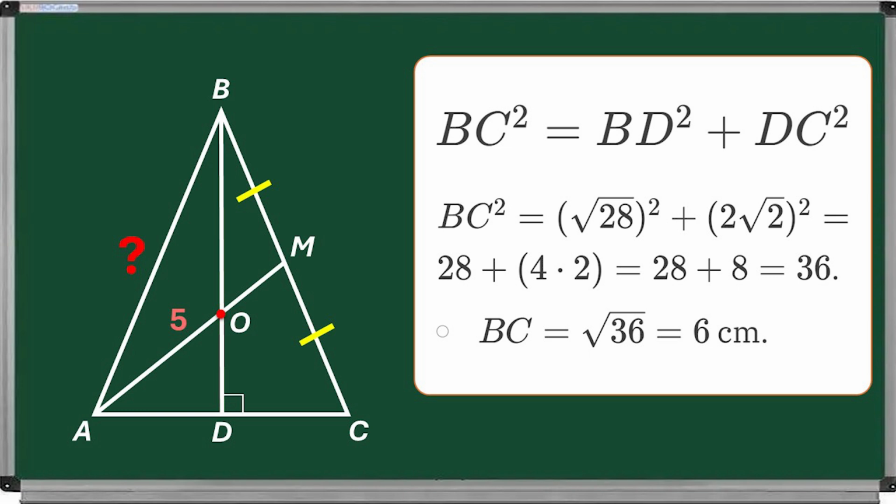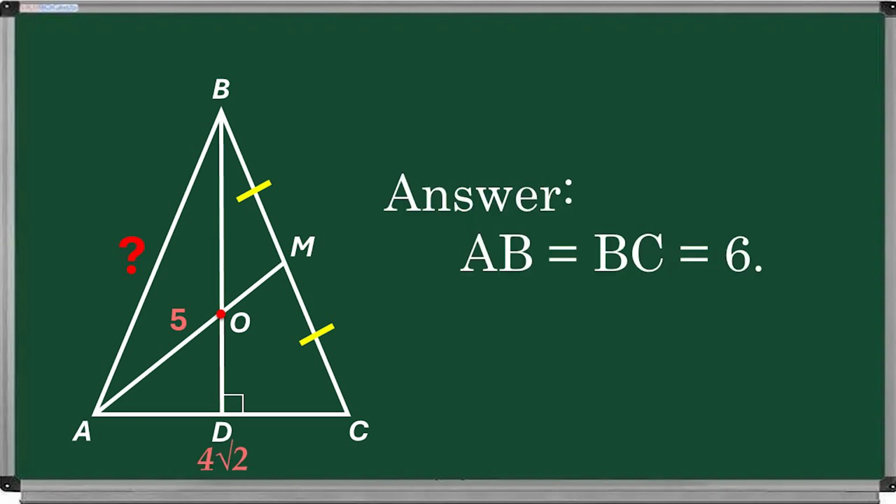The square of BD is 28, and the square of DC is 8. Adding them together, we get 36. The square root of 36 is 6. Therefore, the length of the lateral side, BC, is 6. The length of the lateral side of the triangle is 6.